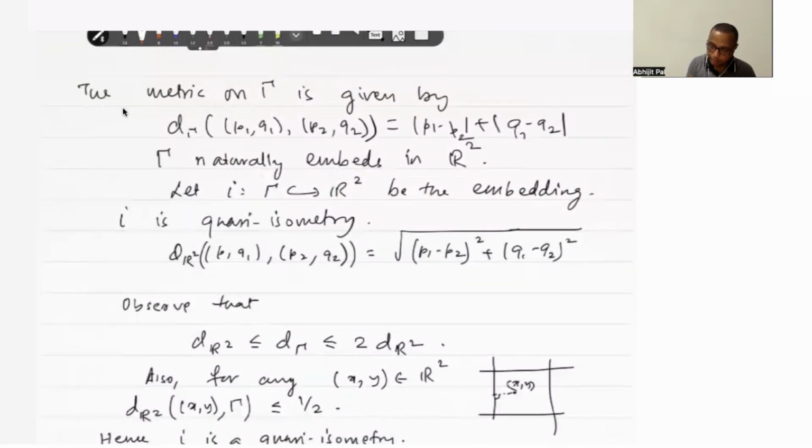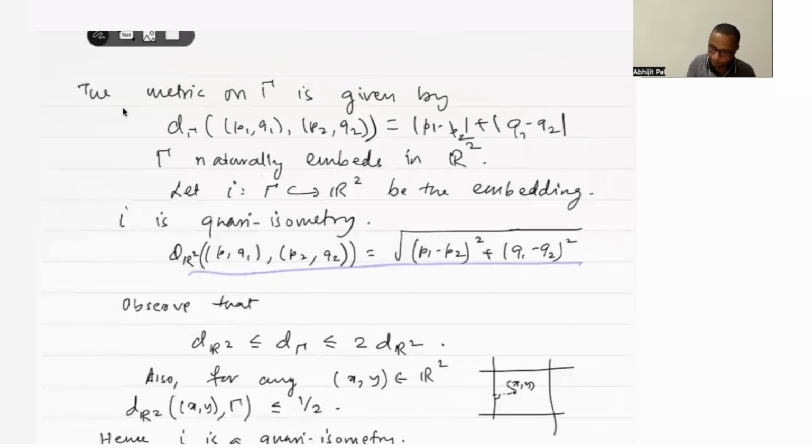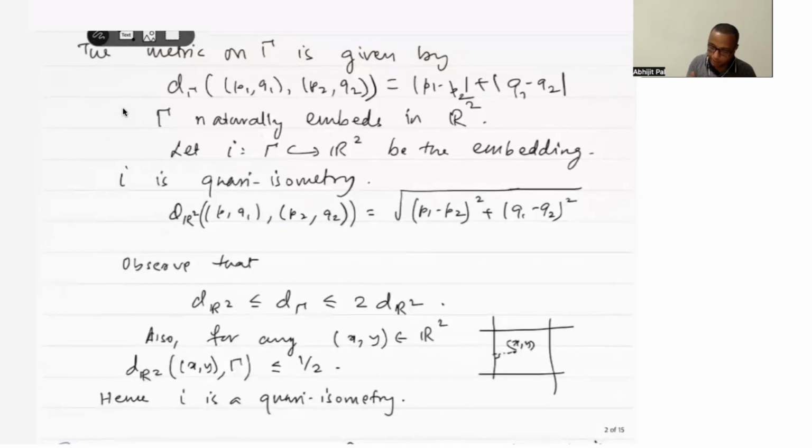And gamma naturally embeds in R2. And what is the metric on R2? It is the Euclidean metric. So one can prove that distance in R2 is less than or equal to distance in gamma, and that is less than or equal to twice the distance in R2.